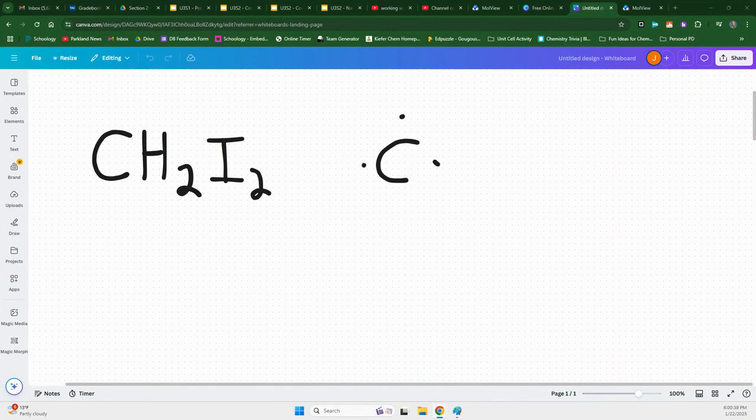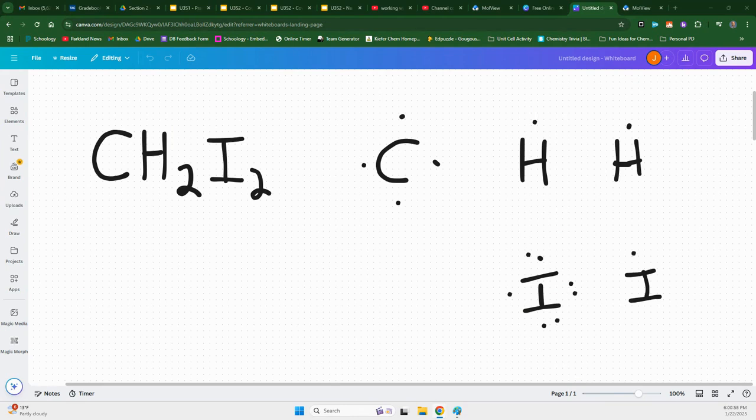Carbon has 4 electrons. I'll draw both my hydrogens. Pretty simply, each hydrogen should have 1 electron each. And then I'll draw my 2 iodines. My 2 iodines should have 7 electrons, and I'll do them around the outside. 1, 2, 3, 4, 5, 6, 7.